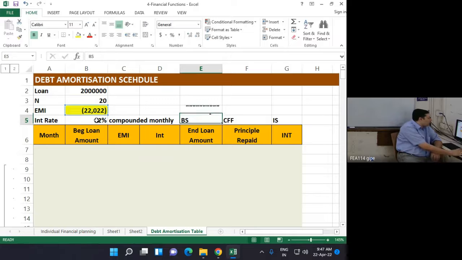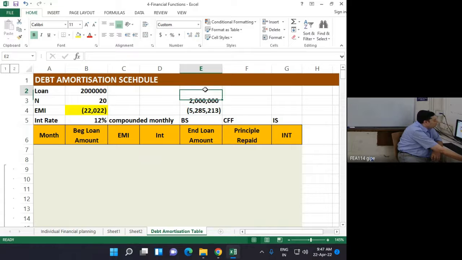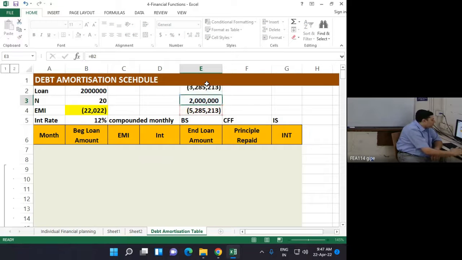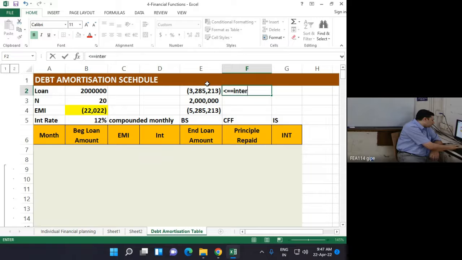And out of this 52 lakhs, how much is the loan? 20 lakhs. तो 20 लाख का आपका लोन है, लेकिन आप वापस कितना कर रहे हैं? 52 lakhs. So what is the difference? The 32 lakh is the interest amount, and the 20 lakh is the principal being repaid.